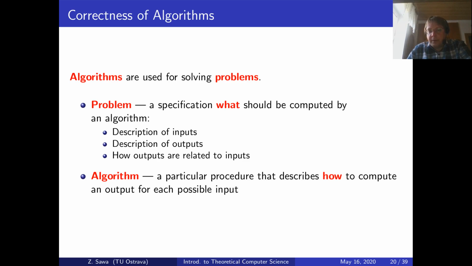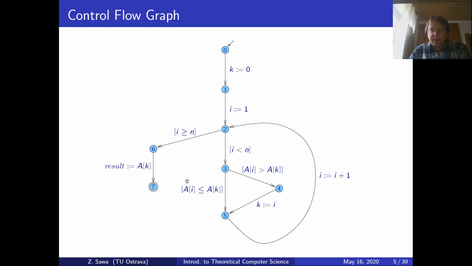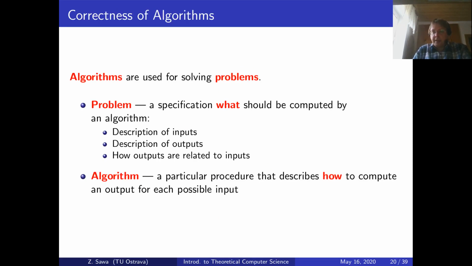Here we will see a slightly more concrete description of the problem that we try to solve by this extremely simple algorithm, which is the problem of finding the maximal value in an array. I will describe it in a moment. The problem specifies what could be input, what should be computed, and what the output should satisfy.